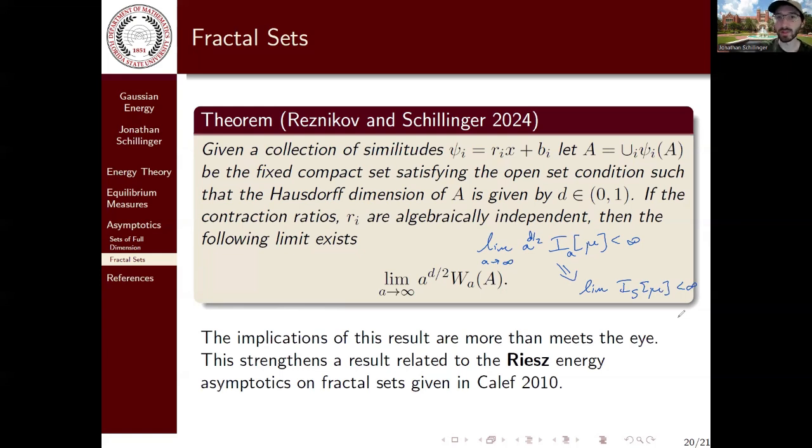And we have an explicit relationship between how these two values are related. We computed it explicitly. Okay, so that's a sort of plug for the paper coming out soon.